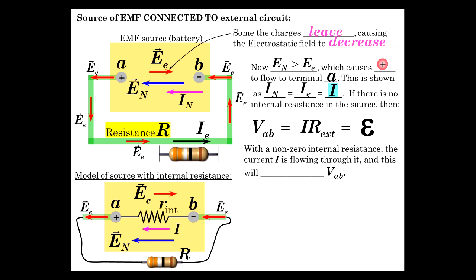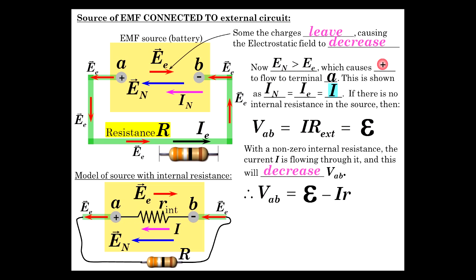If we have a current flowing through this resistor, then it's plus here and minus over here. So it's plus to minus, which reduces how positive this is with respect to this side. So it will decrease VAB. VAB goes down. So VAB is now the EMF, like it was before, reduced by the current times this internal resistance.